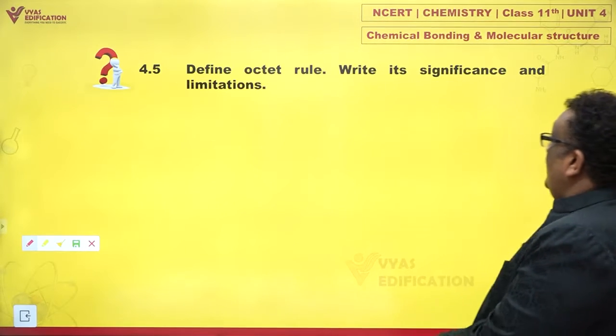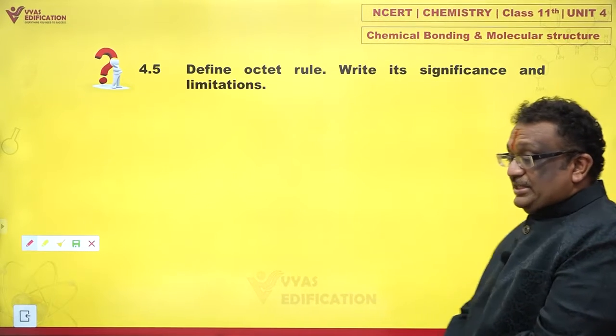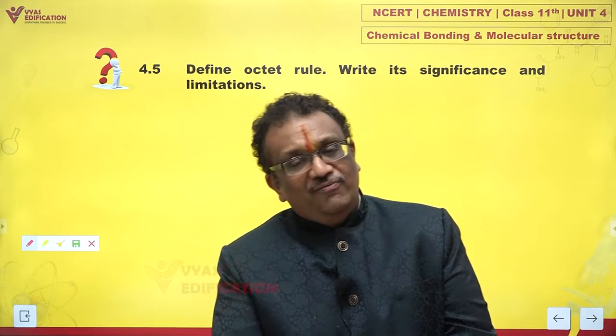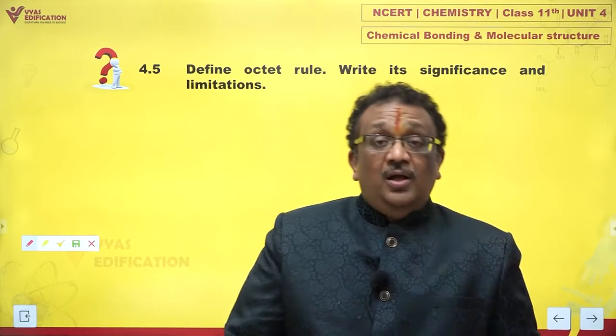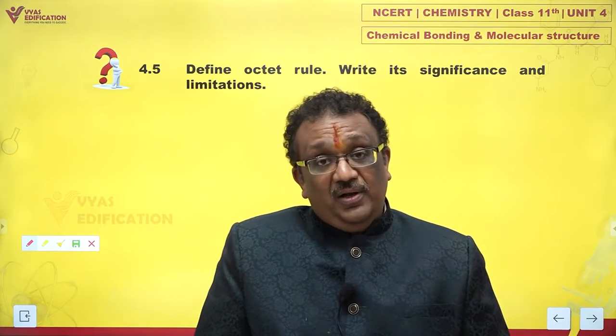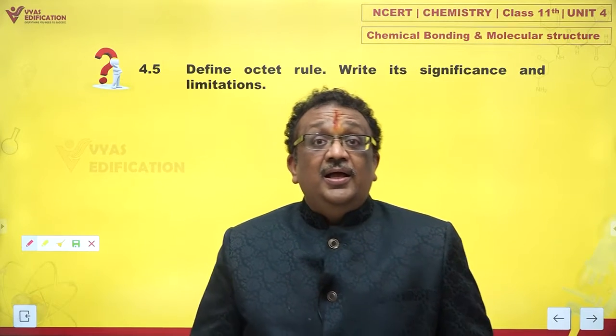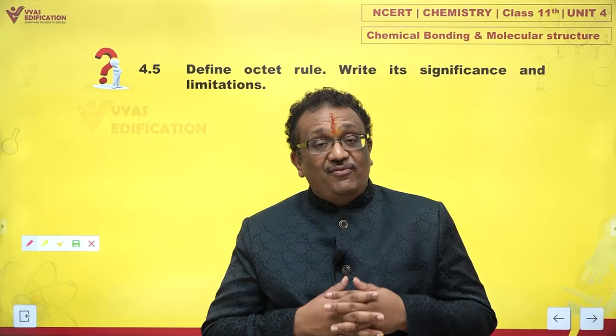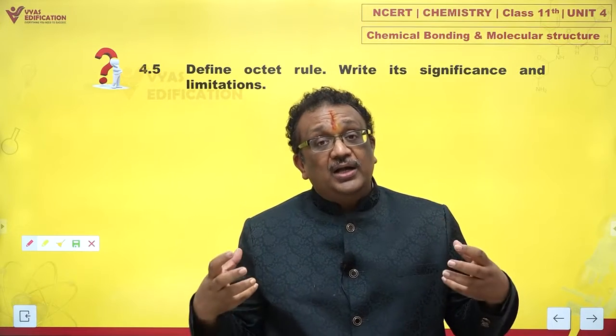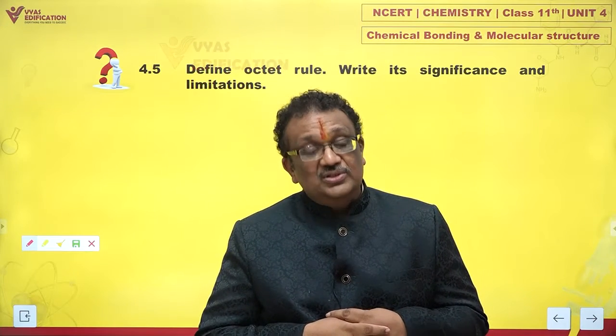Fine. What about its significance and limitations? You can do them very easily. Number 1, why is octet rule valuable? Why is it important? Octet rule is very important because it was the first rule which gave us an idea about how atoms combine to form molecules.